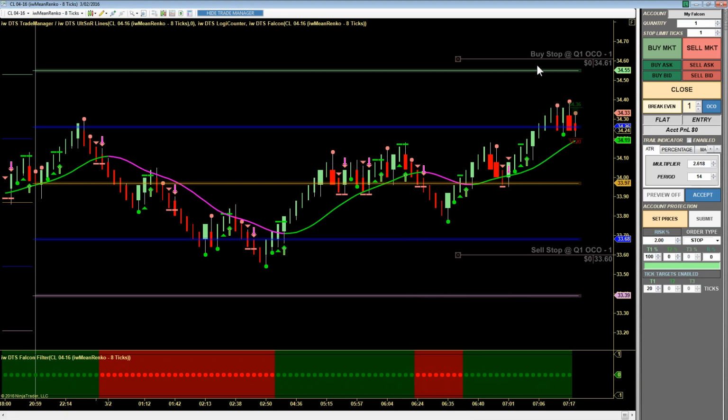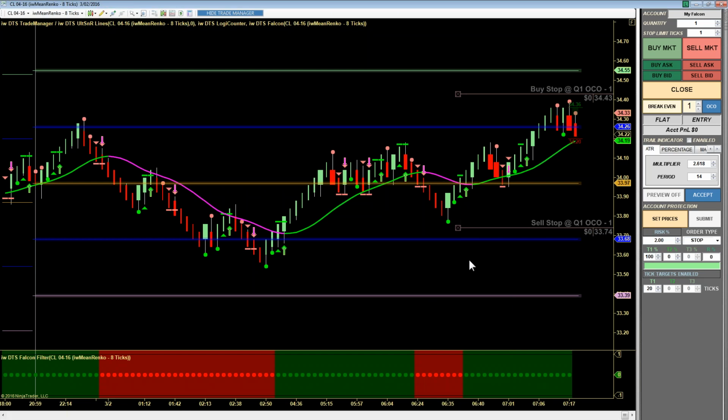Now when you use the OCO function, you need to remember these orders are live the moment you put them on your chart. And what you'll find with the OCO function is that if one side fills, it will automatically cancel the other side, which is the whole point of the OCO. What we might do today, however, a trading friend of mine handles these reports a little bit differently.